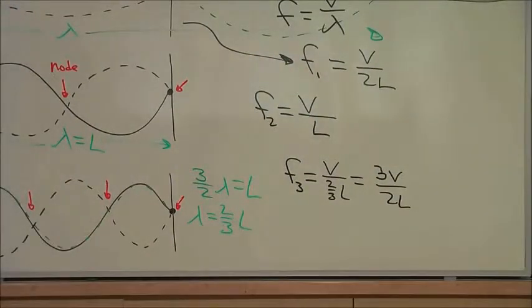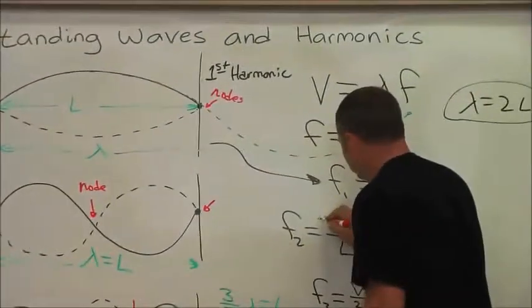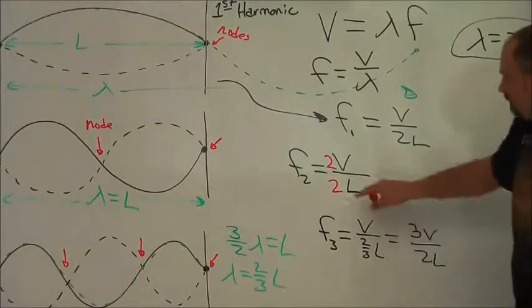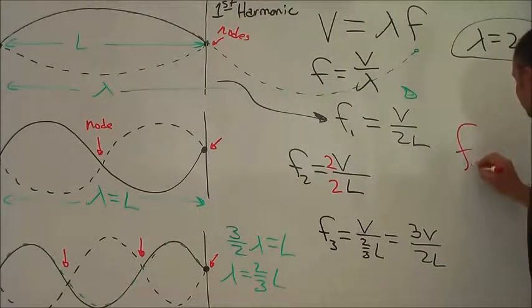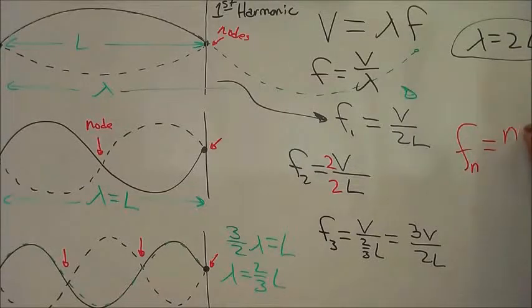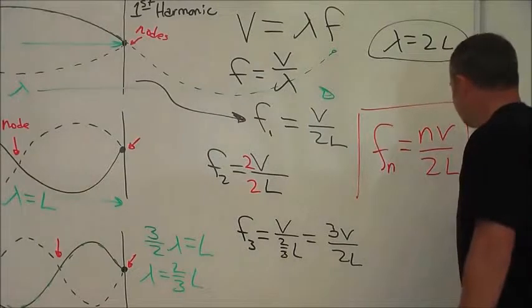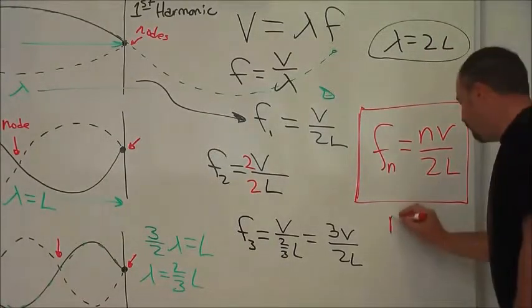I think we see a pattern forming. If we put a 2 here and a 2 there, we see that the frequency is of the form Fn equals nV over 2L, where n is the number of the harmonic.